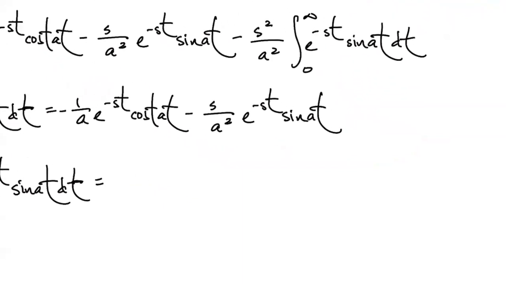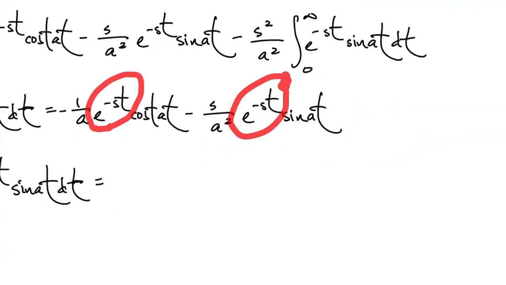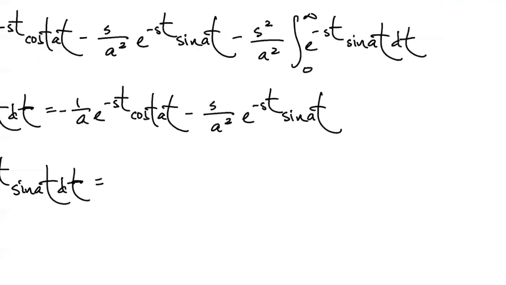And so what we're going to find, all right, is that this e to the negative st is actually a common term to both, as well as a minus sign. So maybe before I start plugging things in, let me say negative e to the negative st. What do we have left?